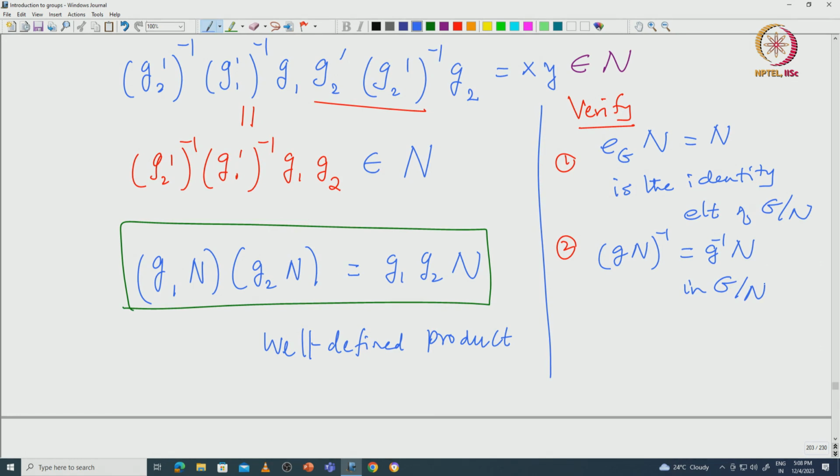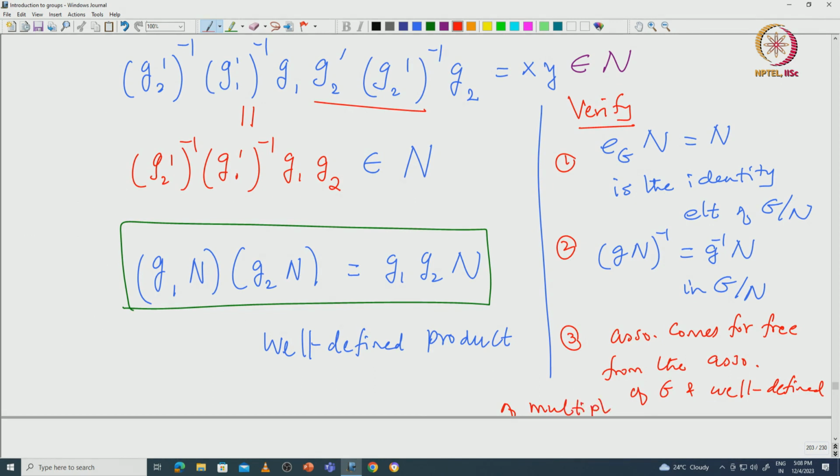And associativity comes for free from the associativity of capital G and well definedness of the product.